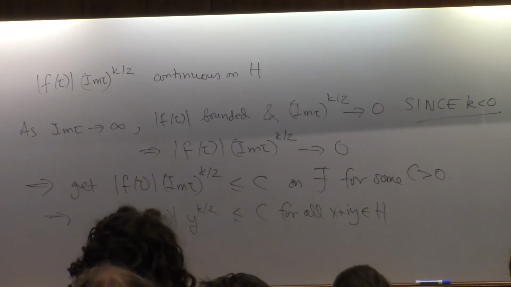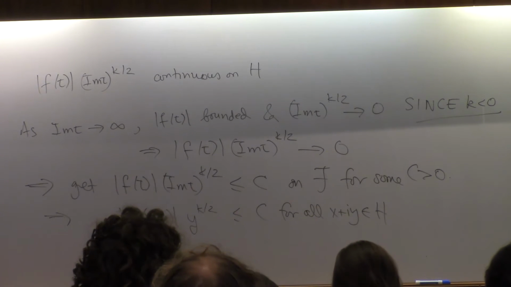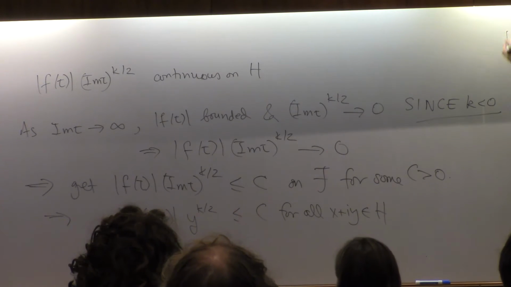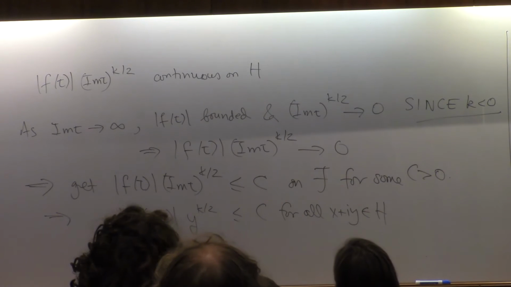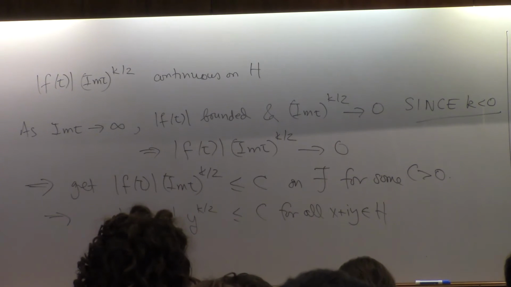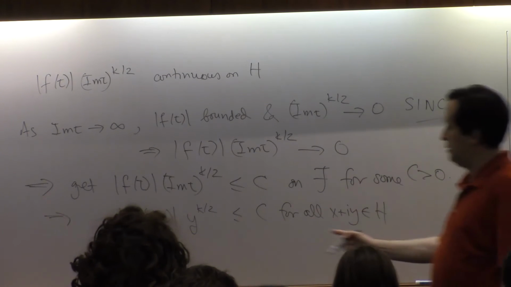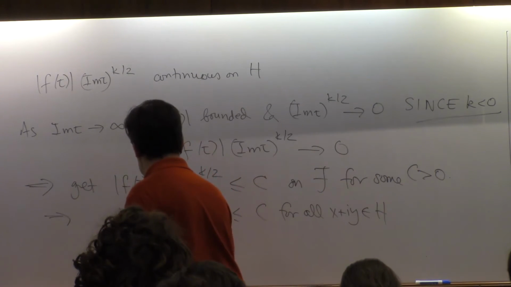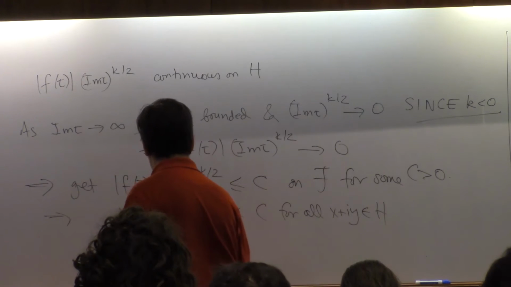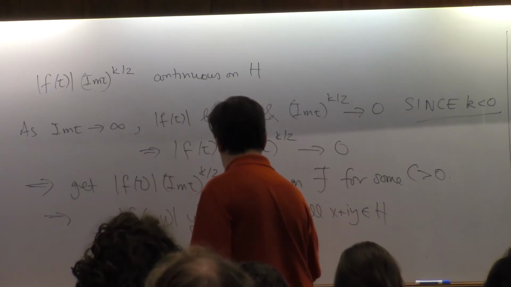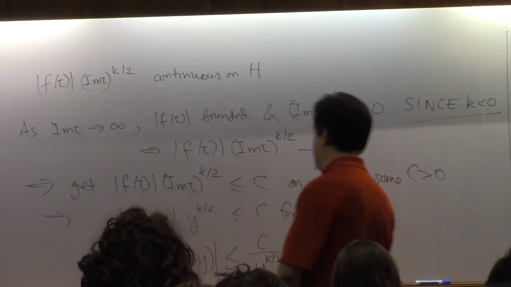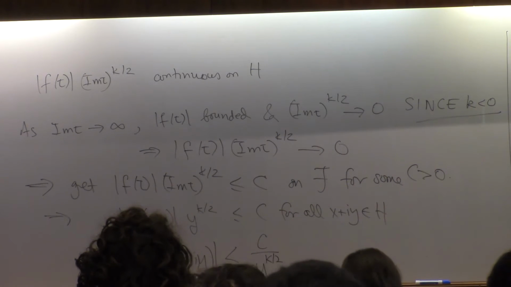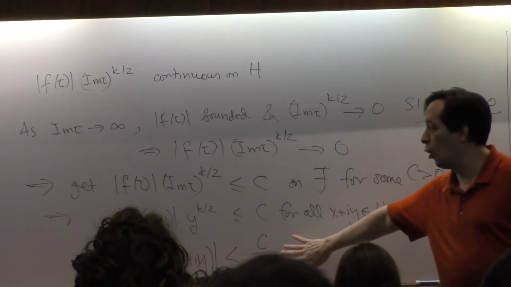Well, I want to erase that. There's some space over here. So, what is my goal? My goal is to show that the space is 0 if k is negative. Now here, let me write it like this: f of x plus iy is bounded by c over y to the k over 2. So how are we going to take advantage of this? This is now true in the whole upper half plane.